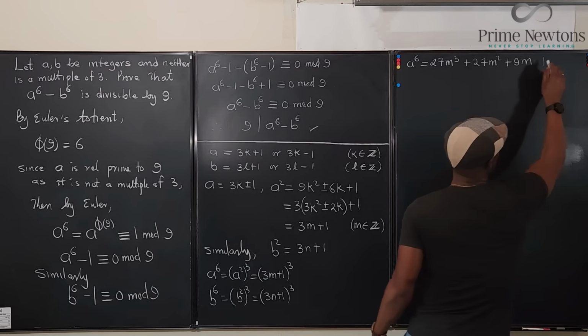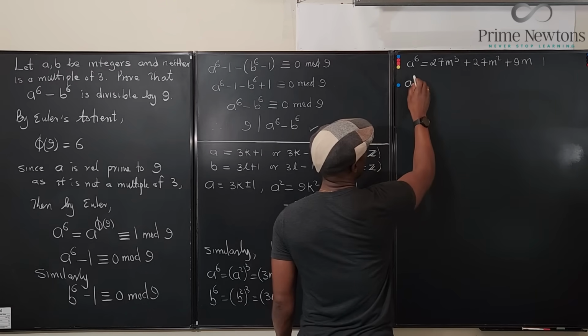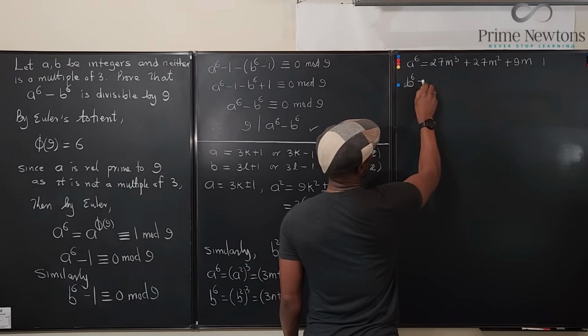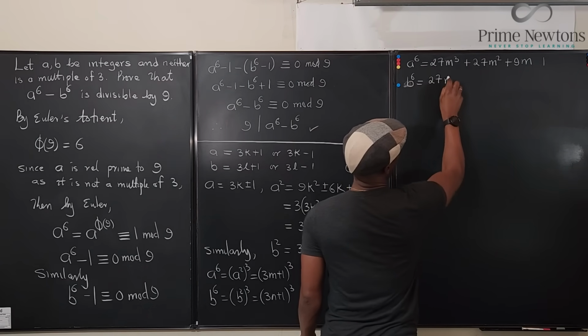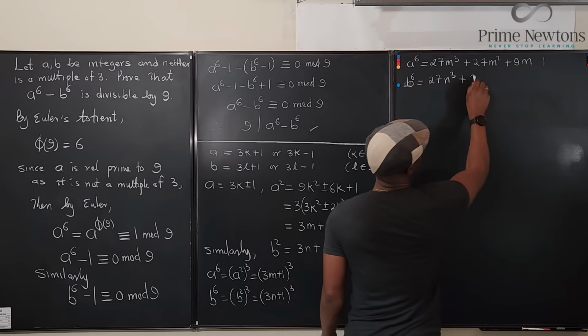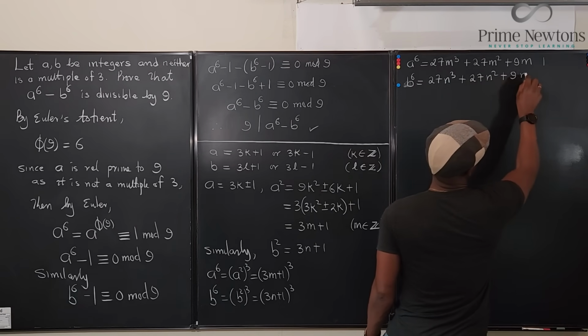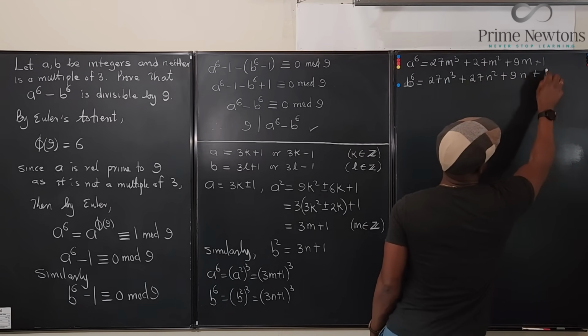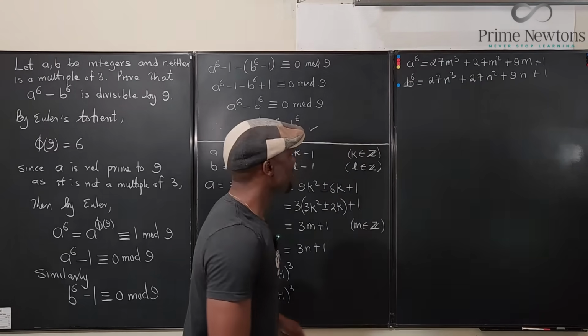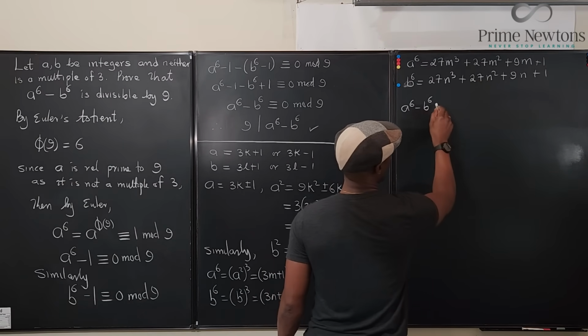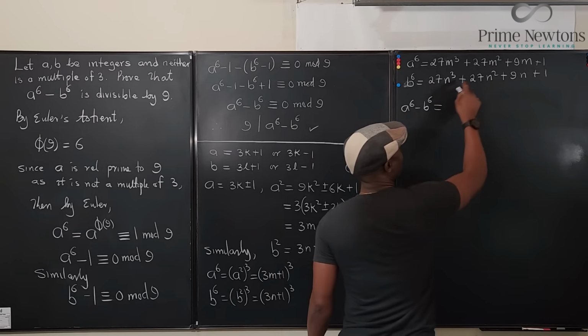Ooh. And then we have b to the 6th rather. So b to the 6th is going to be 27n cubed plus 27n squared plus 9n plus 1. Now if we do the subtraction, a to the 6th minus b to the 6th, it's going to be this minus this minus this.